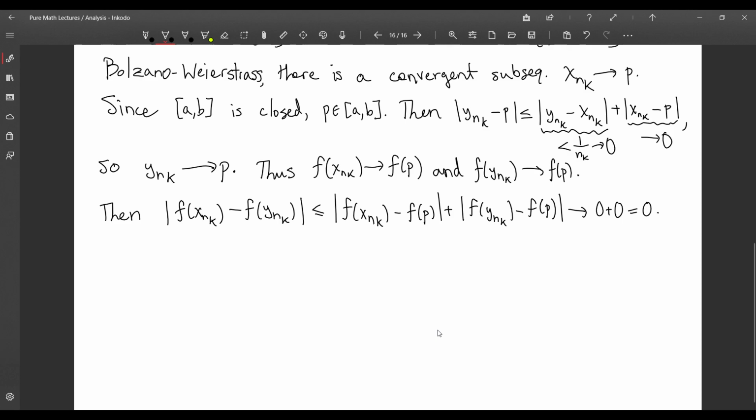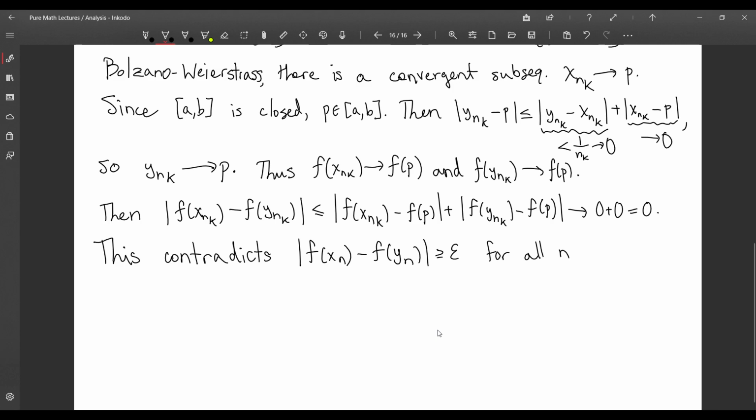Right? So this contradicts the assumption that the distance between f of x sub n and f of y sub n was greater than or equal to epsilon for all n.